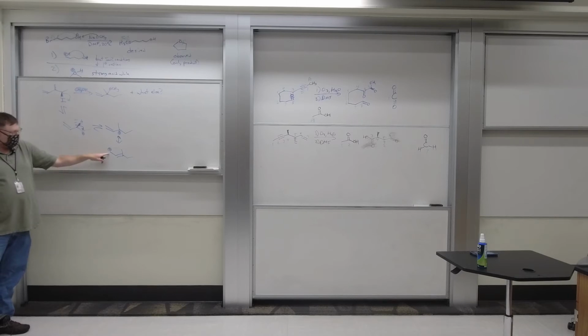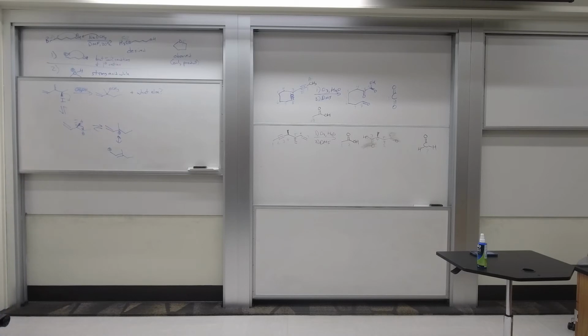It is a primary cation, but it's delocalized, and you have to consider that when you're considering the overall stability. Anytime you're asked to judge stability, and really anytime you're drawing a mechanism or thinking about a molecule, you've got to consider the resonance. Resonance isn't just something we do to tick you off early in the semester. It's an intrinsic part of the molecule.